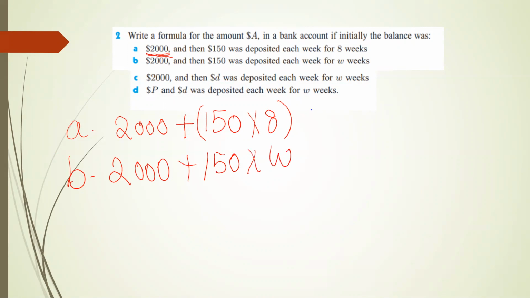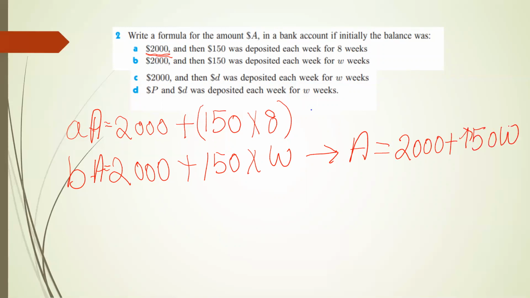So it will be multiplied by W. Of course, here we have to say A equals, don't forget that, and this A is the total amount, equals 2,000 plus 150 times W, or plus 150W.